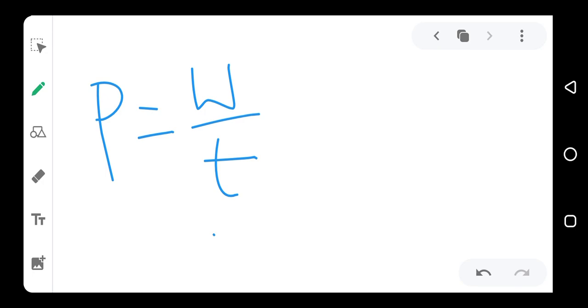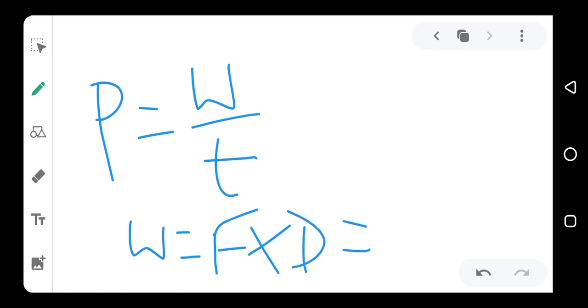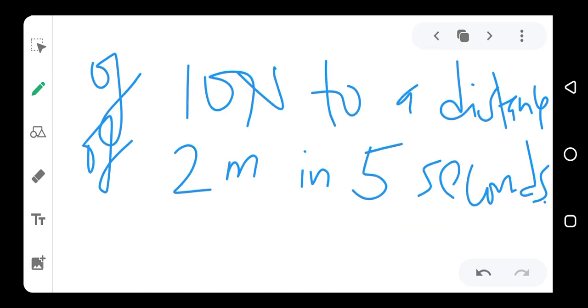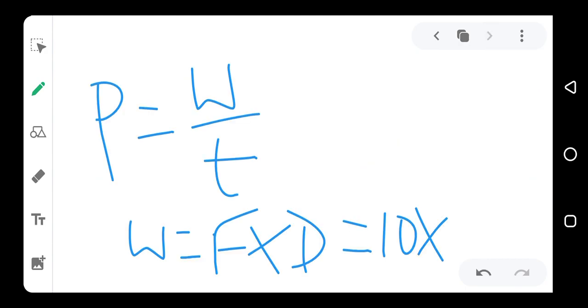If you have load and distance, we can calculate work, because work is equal to F times D, which is 10 times 2.